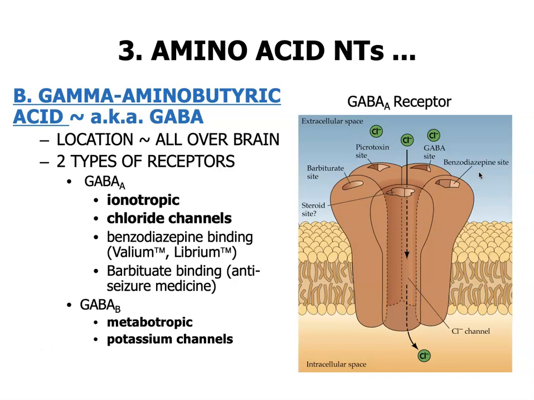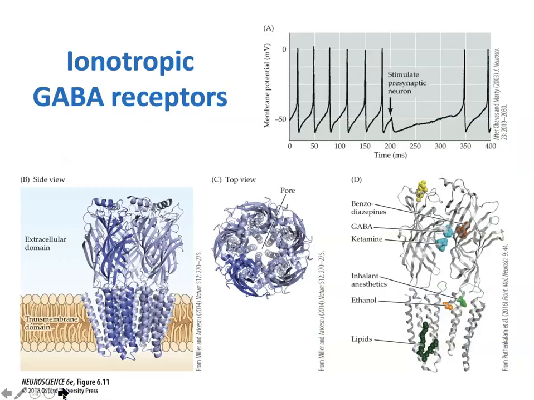The pharmacological agents that reduce the number of seizures that happen. So these are the ionotropic GABA receptors, but there are also metabotropic receptors for GABA, which are potassium channels, not chloride channels. Again, we'll be talking about GABA when we look at the next paper.